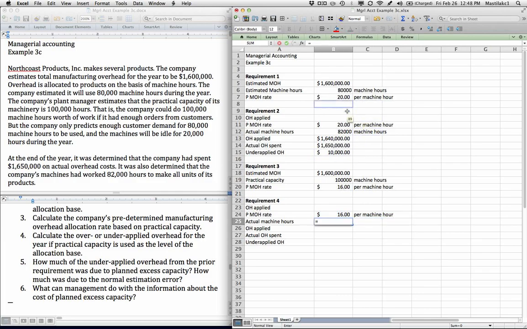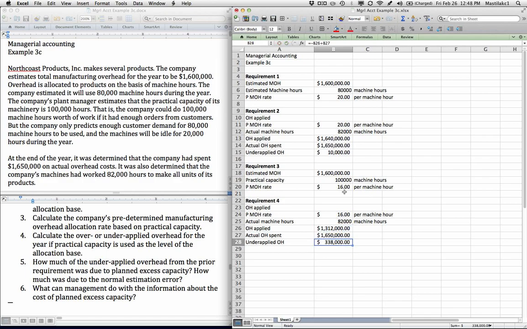We're going to multiply that by the actual machine hours that we work during the year. And the overhead applied is going to be the product of these two, or $1,312,000, which is quite a bit different from the original estimate or the actual overhead we spent. The actual overhead spent isn't changed by our different denominator, but we have quite a bit more underapplied overhead.